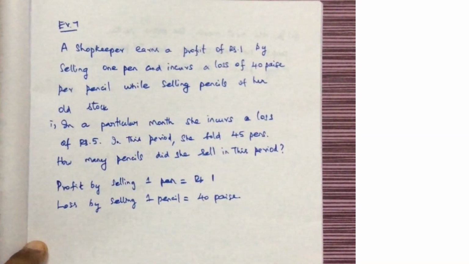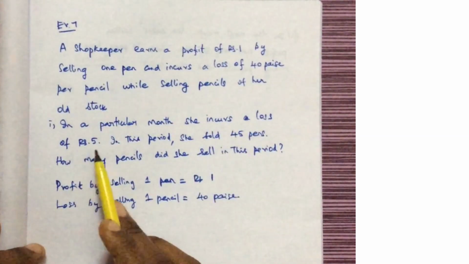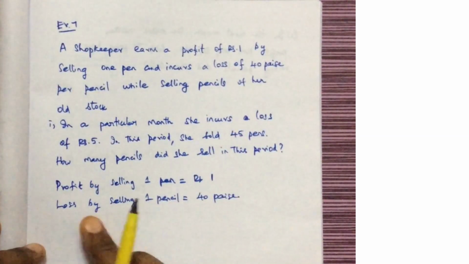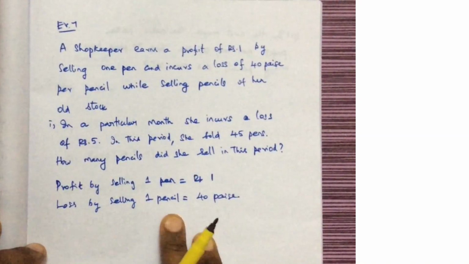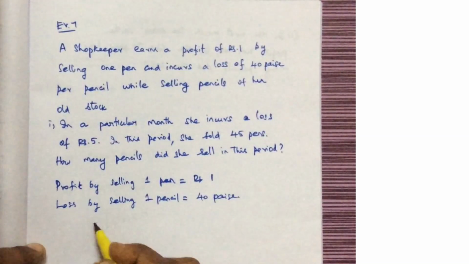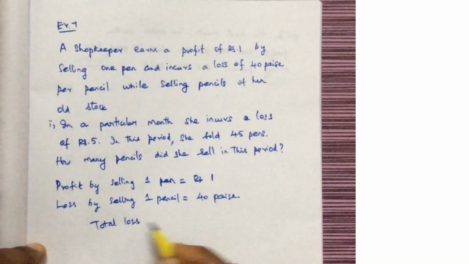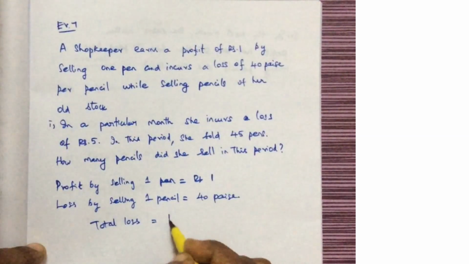What does it mean? She is selling some pens and also selling some pencils. Together there is a loss of rupees 5. That is the total loss. Total loss equals rupees 5.